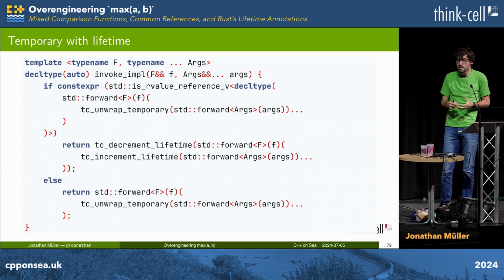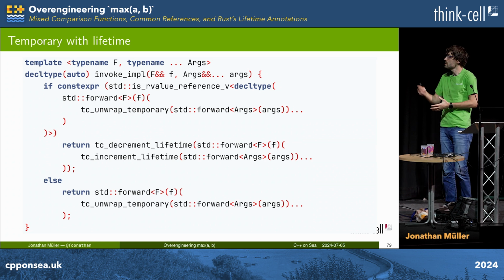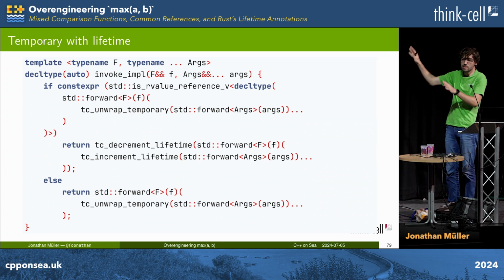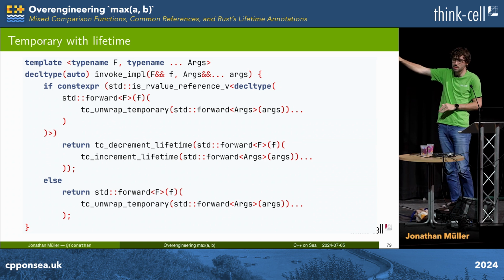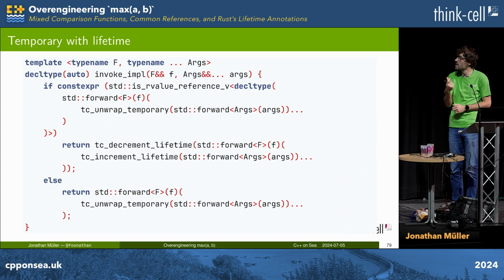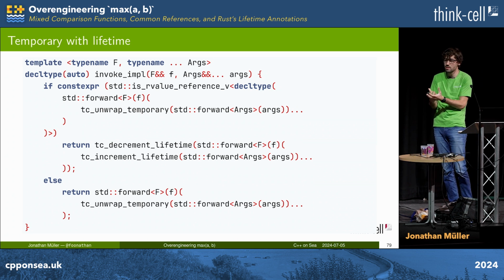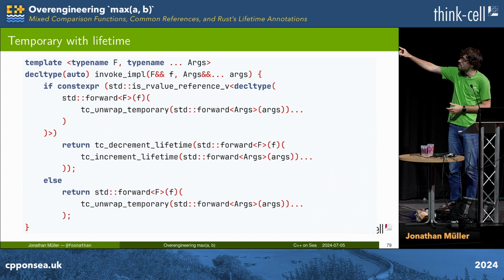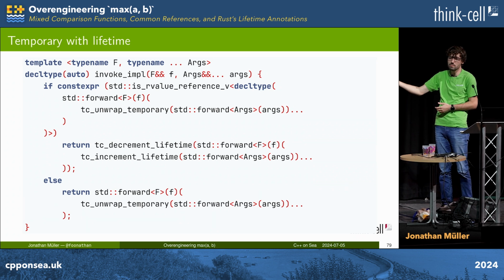So I want to prevent instantiation of your function with temporaries. So I check, if I call this function without any temporaries, do you return an R-value reference? And if you don't, you're completely fine. You will never get instantiated with temporaries. But if you do, I need to know whether this R-value reference comes from somewhere else or from one of my temporary arguments. And so when this returns an R-value reference, I need to call it without unwrapped temporaries in order to preserve that information.